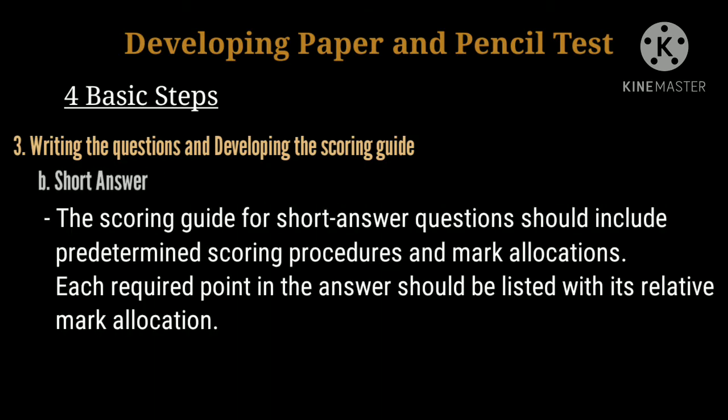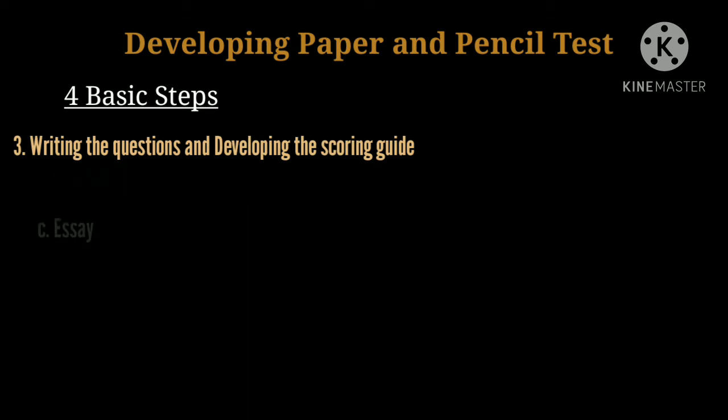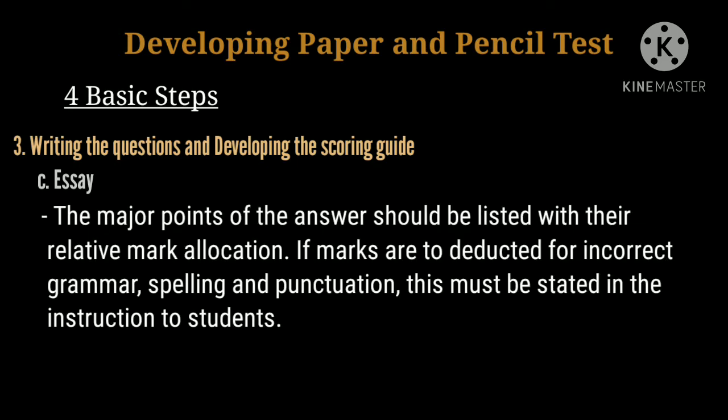In short answer, the scoring guide for short answer questions should include predetermined scoring procedures and mark allocations. Each required point in the answer should be listed with its relative mark allocation. In essay, the scoring guide for an essay question should include predetermined scoring procedures and mark allocations. The major points of the answer should be listed with their relative mark allocation.